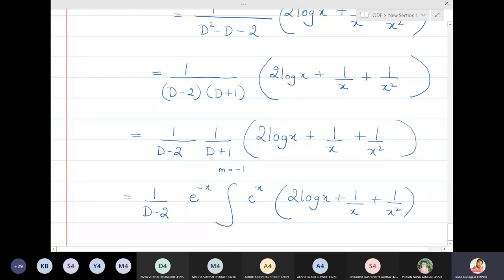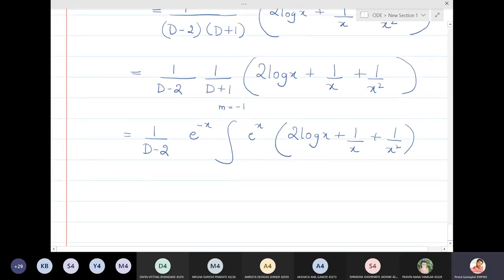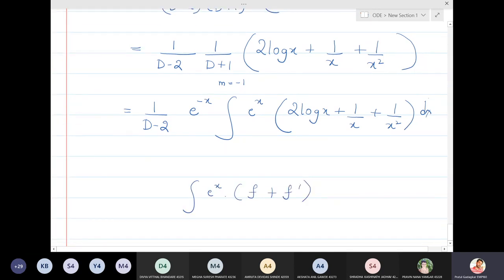Now here I have to think: this must fit in the fashion of e raised to x (f plus f dash). Who is the derivative of which particular term, so that these three terms might get adjusted?